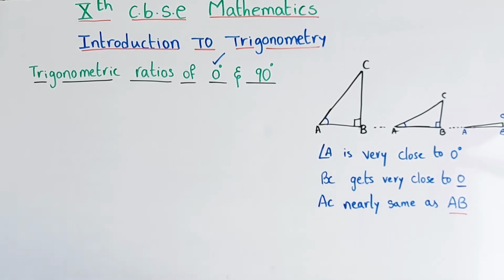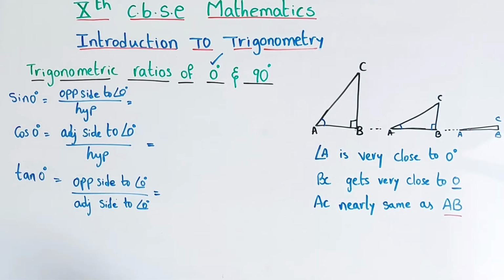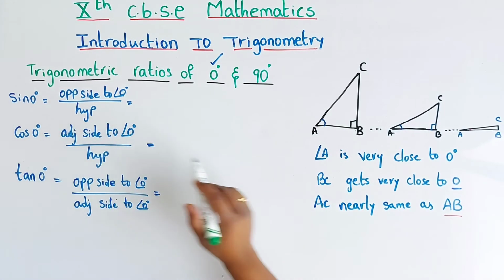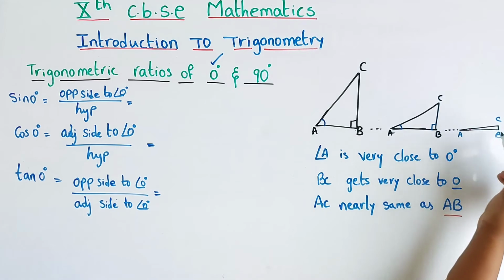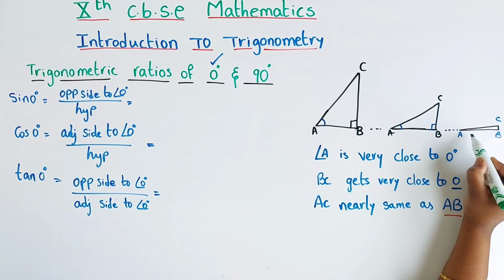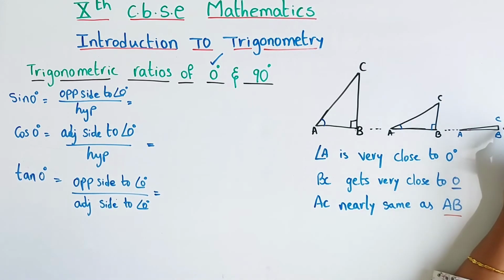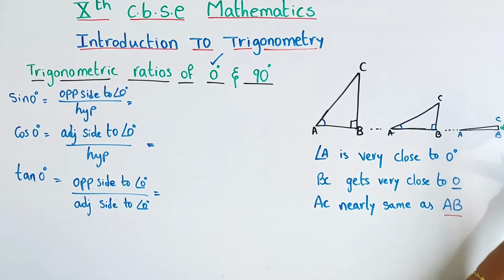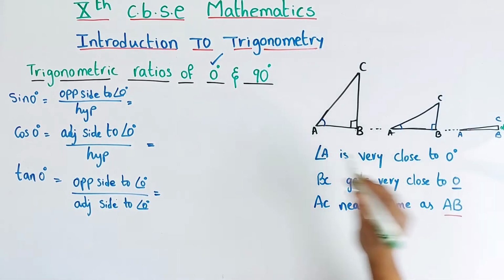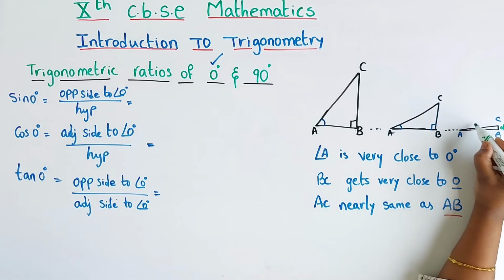Let's write the ratios now. Sine 0 degrees, children, is the side opposite to angle 0 degrees. We are considering this one as 0 degrees, so opposite is BC, right? And hypotenuse is AC.